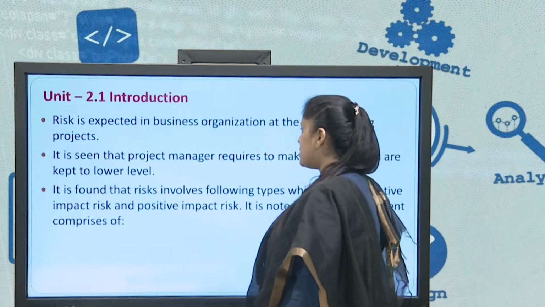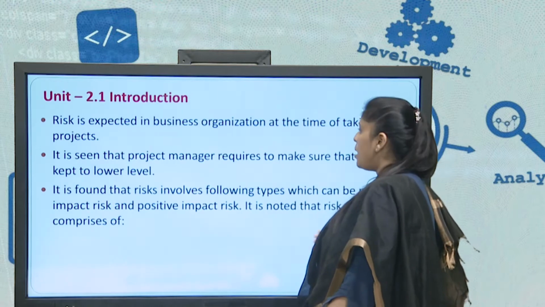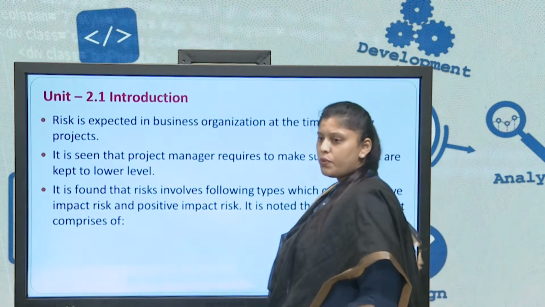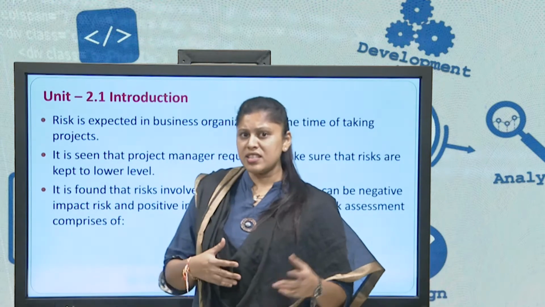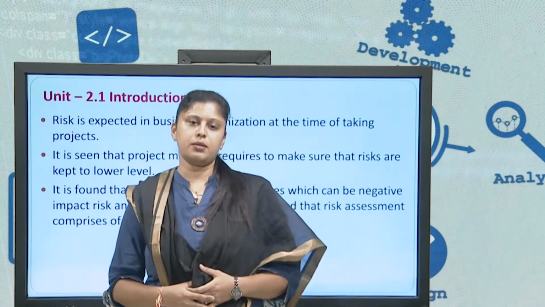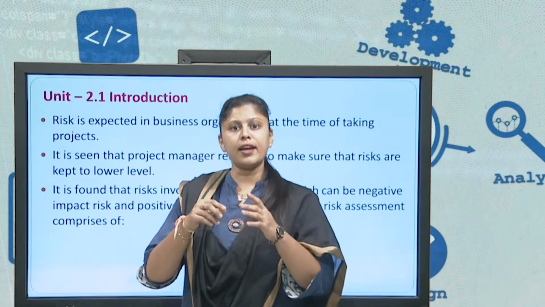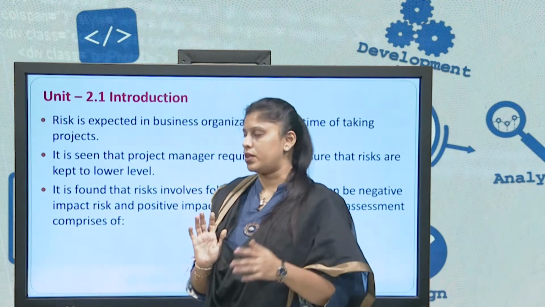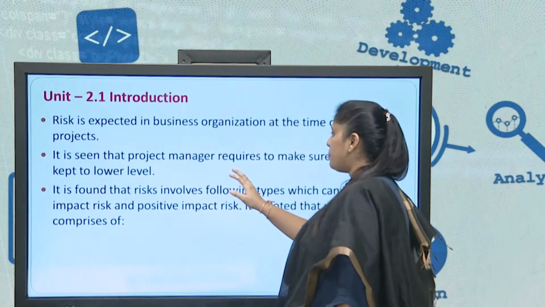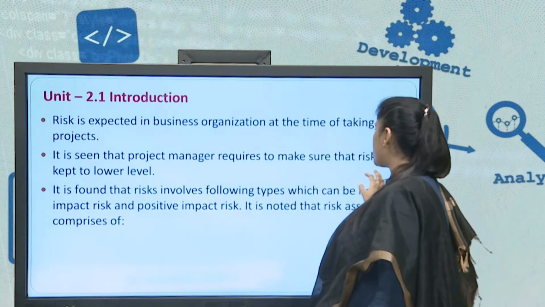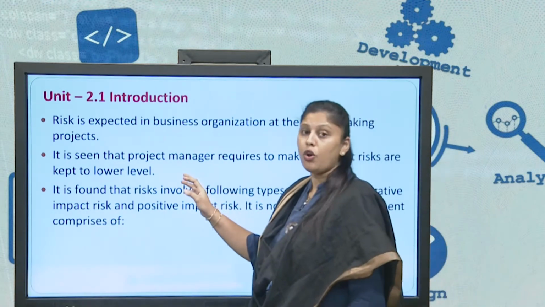Risk is expected in a business organization at the time of taking on projects. So, when a particular company is taking up some project from a customer, the risk associated with that project is already identified at the time it takes up the project. The project manager needs to make sure that risks are kept to a lower level.